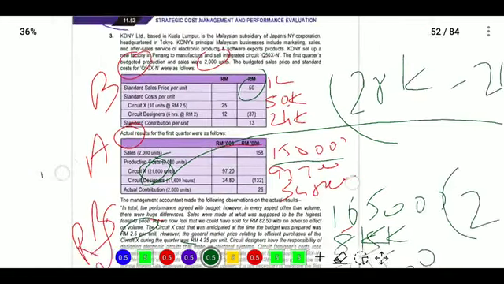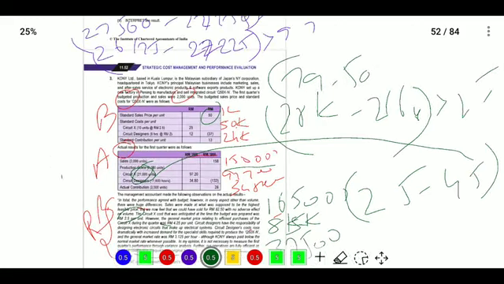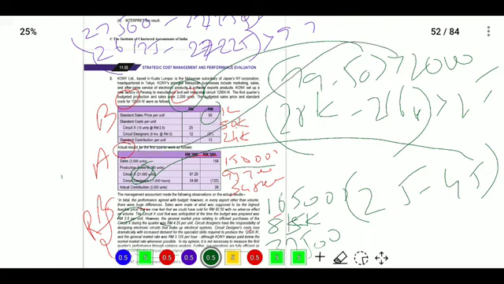So the sales price variance will be 79 minus 50 rupees, into which quantity will we take? We will take the actual quantity, 2000 units. Okay, we got the sales variance.